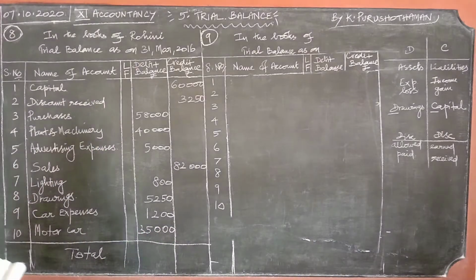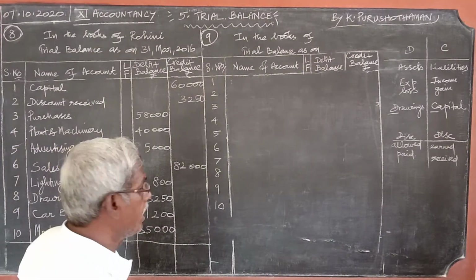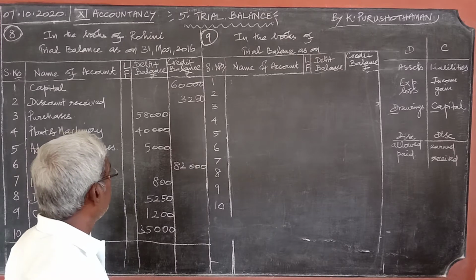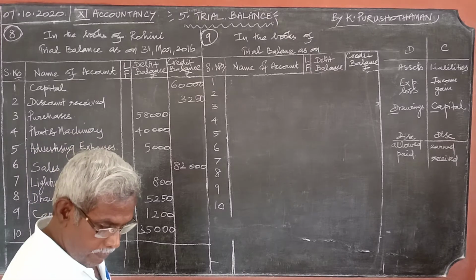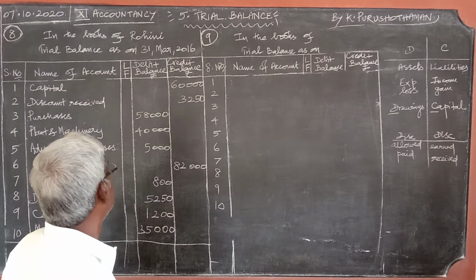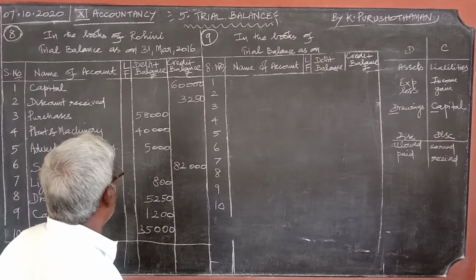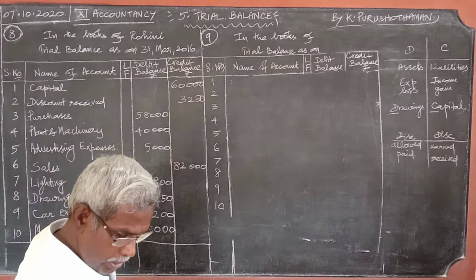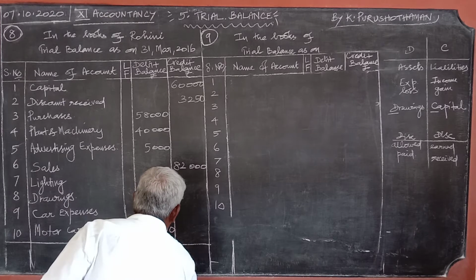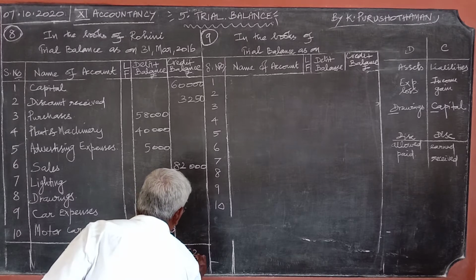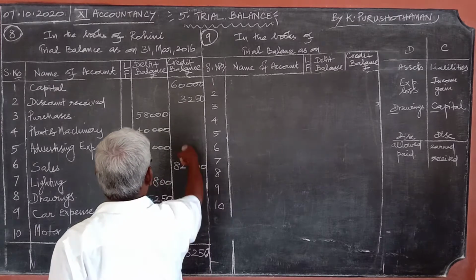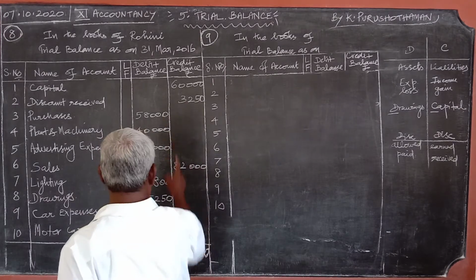Now we have divided the given balances as debit and credit. So we shall find the total of this. 1,45,250. This debit 1,45,250. 250, 3 plus 2, 5, 8 plus 6, 14.